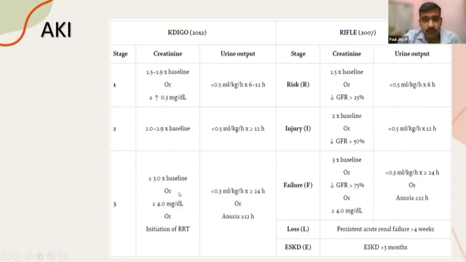Stage 3 is a 3 times rise from baseline, or an absolute value of more than 4, or initiation of RRT, or anuria for 12 hours, or less than 0.3 ml per kg per hour urine for more than 24 hours. So RRT can be considered from KDIGO stage 2.